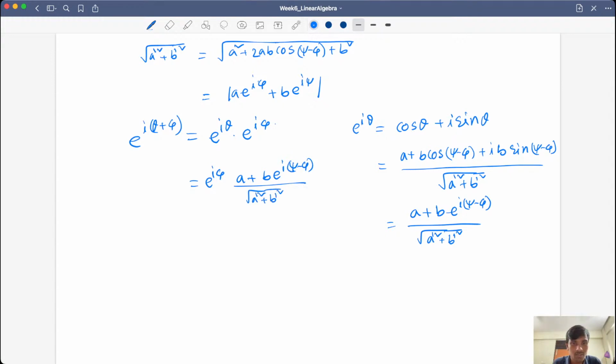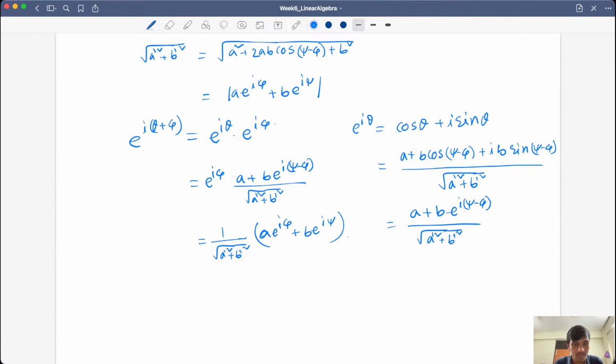So this is root over a prime square plus b prime square into a e power i phi plus b e power i psi. That's what we wanted to get, and this is nothing but the modulus of this thing.